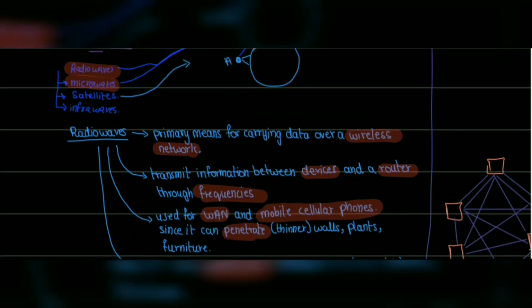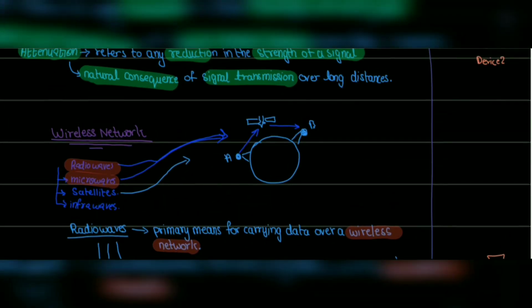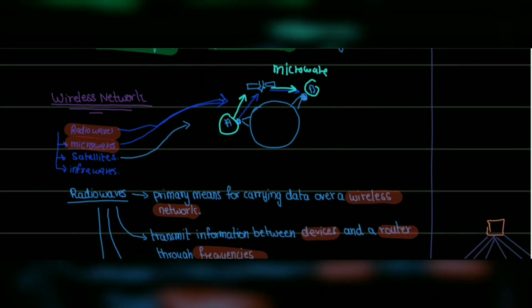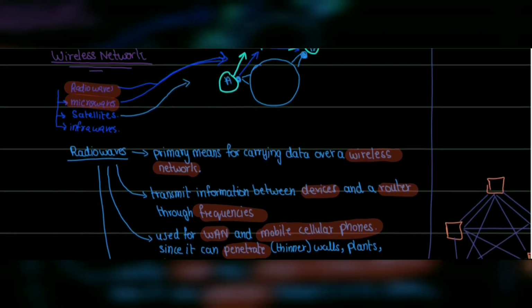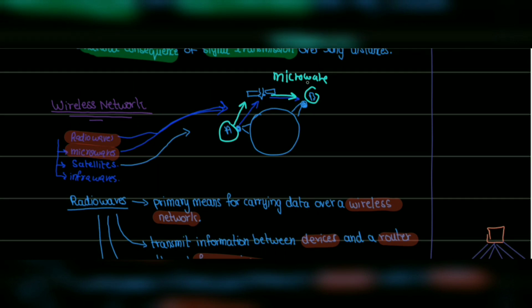These radio waves and microwaves can be used, for example, if radio tower A wants to send a signal to radio tower B, it will send the microwave signal and then it will reflect back and come here. So these are the microwave signals, or it could be radio waves.